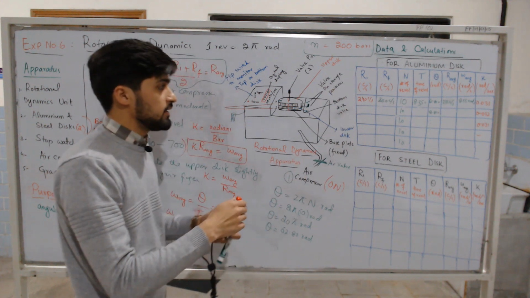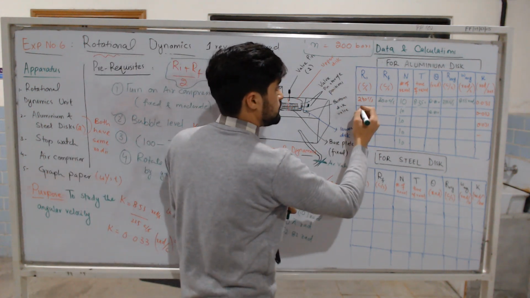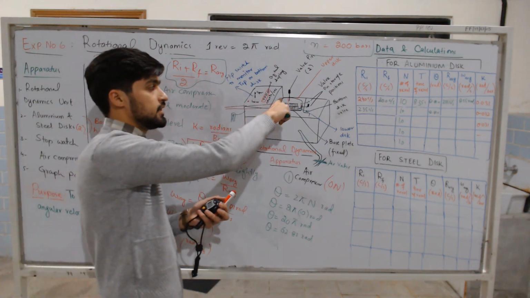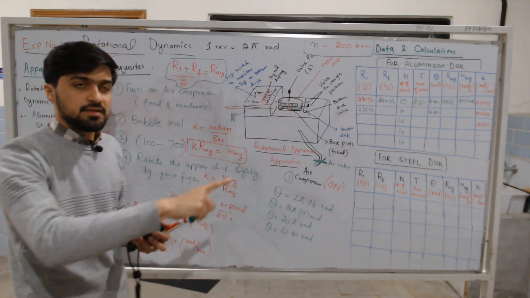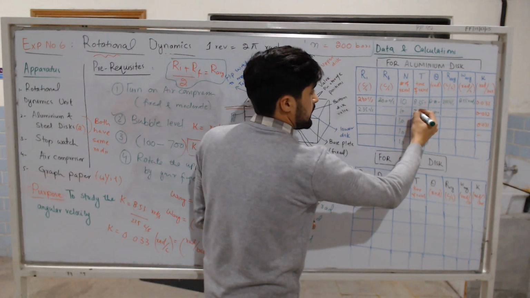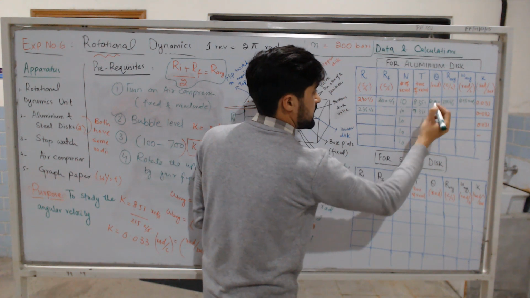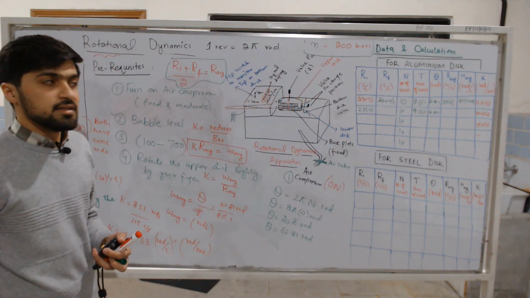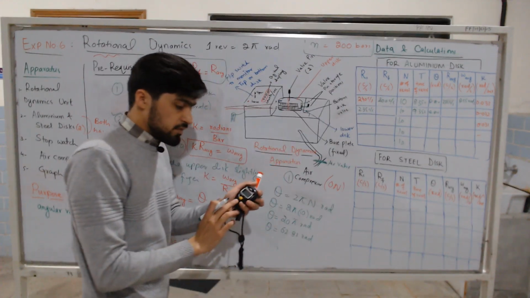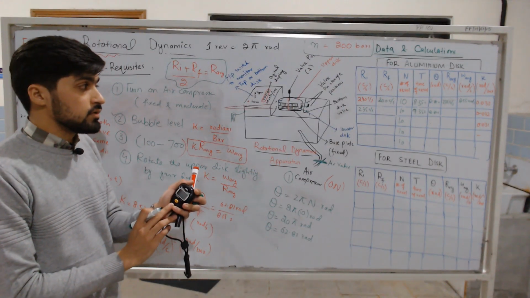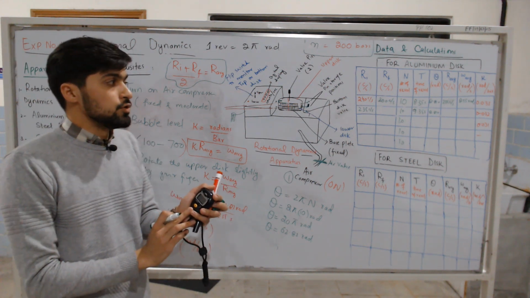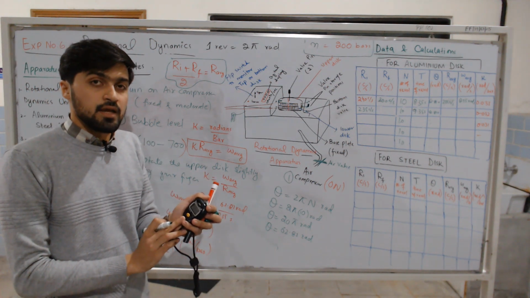Let's say for the second case, I am getting the value to be 235 counts per second. Let's say the first disc completes 10 revolutions in 9.35 seconds. As I turn off, you have to note these 3 values simultaneously, very shortly and very accurately.